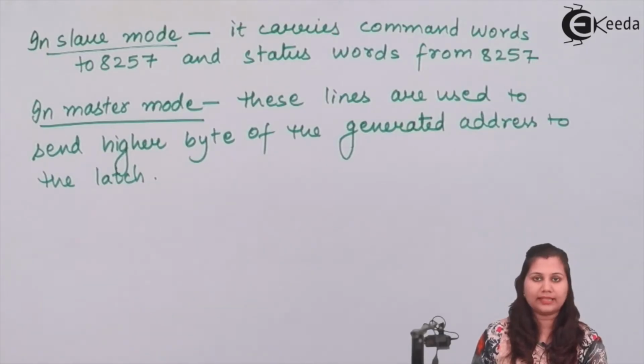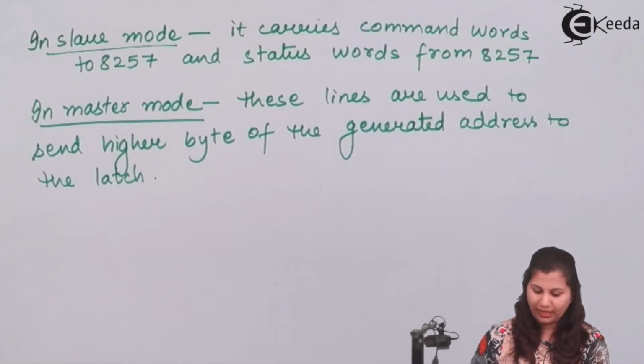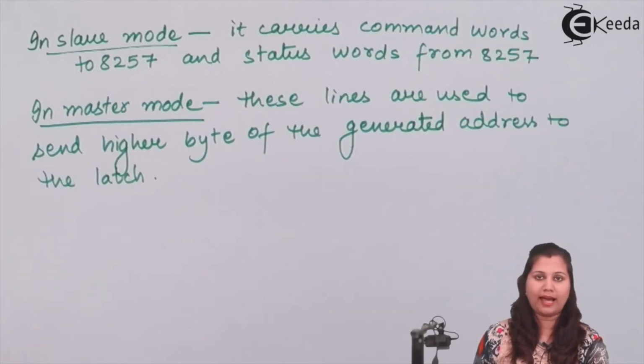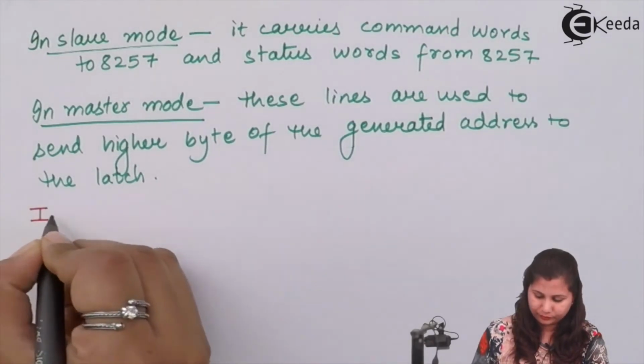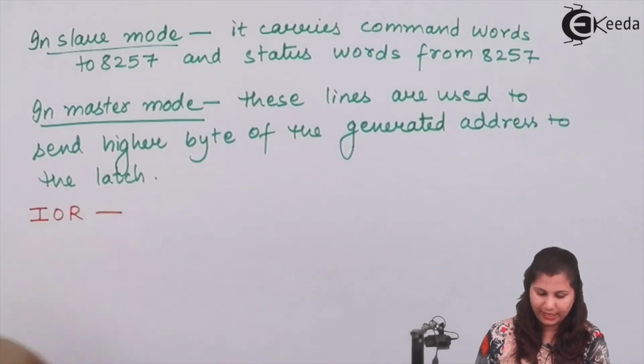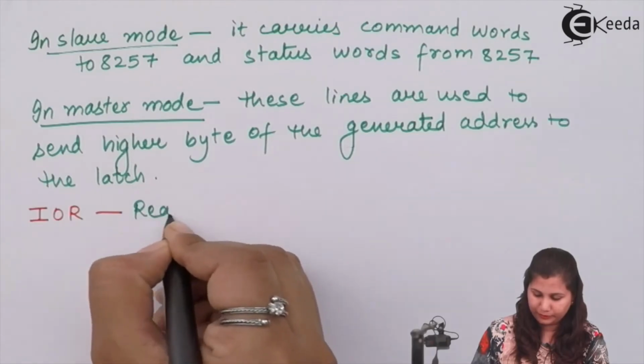So these were the 8 lines of the data bus DB0 to DB7. Then we have the signals IOR and IOW. First we will study IOR, which is the I/O read.